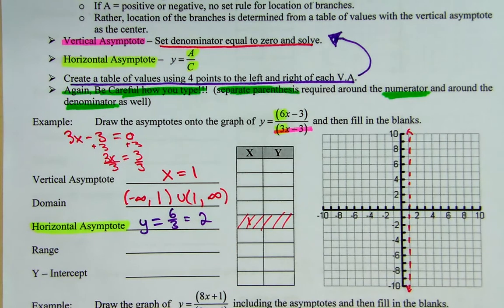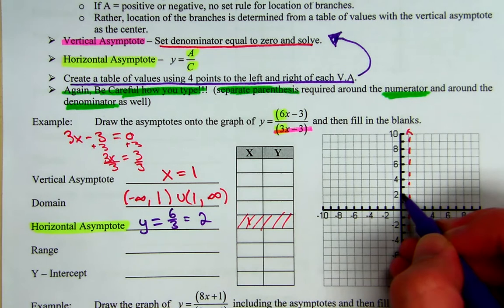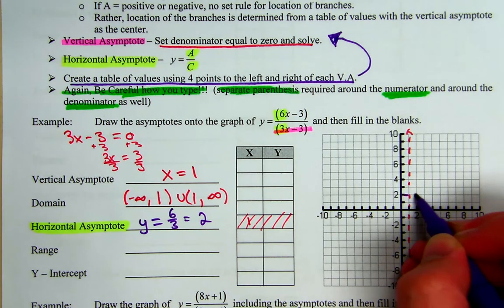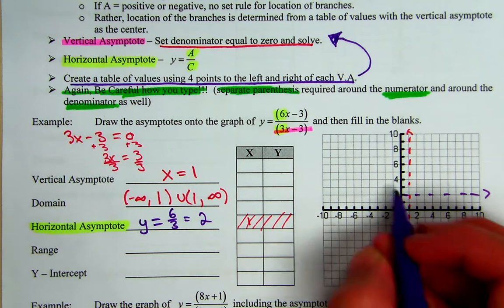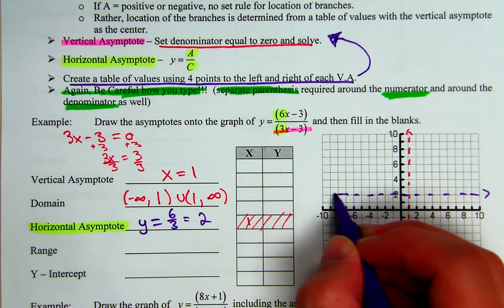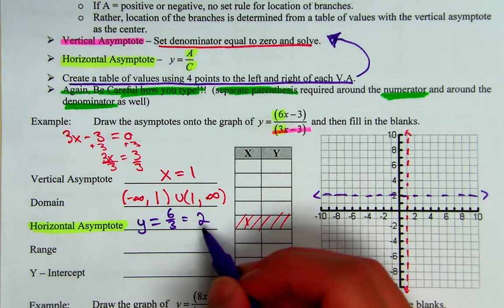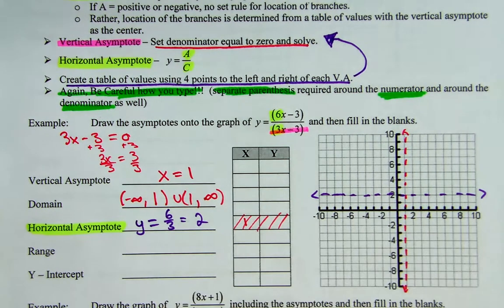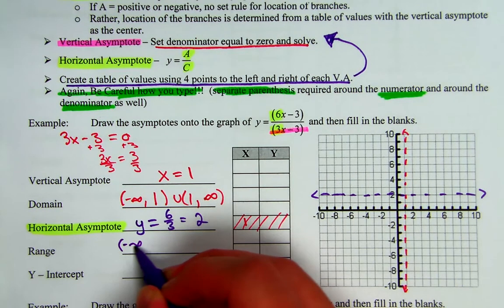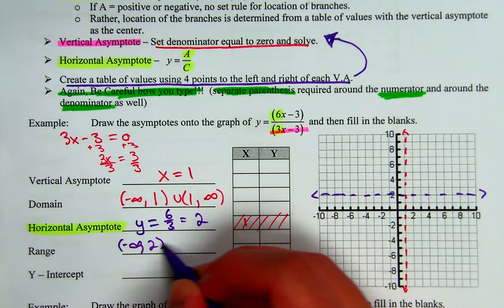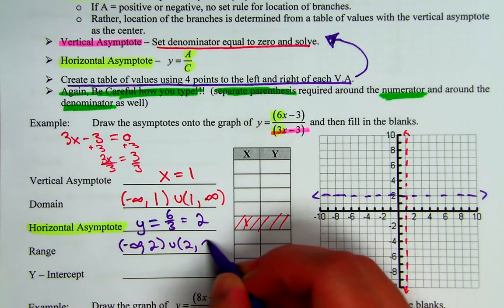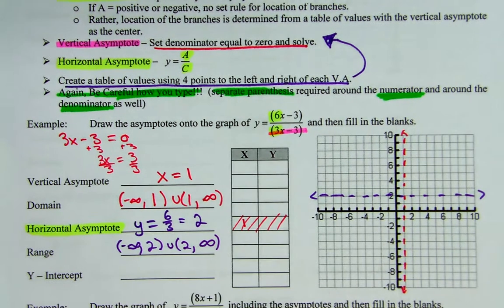So y equals 2. Go to 2 on the y-axis, and we draw our horizontal asymptote through that. Range: it cannot hit that line. So I need negative infinity, stopping at 2, pick up at 2, and go to infinity.